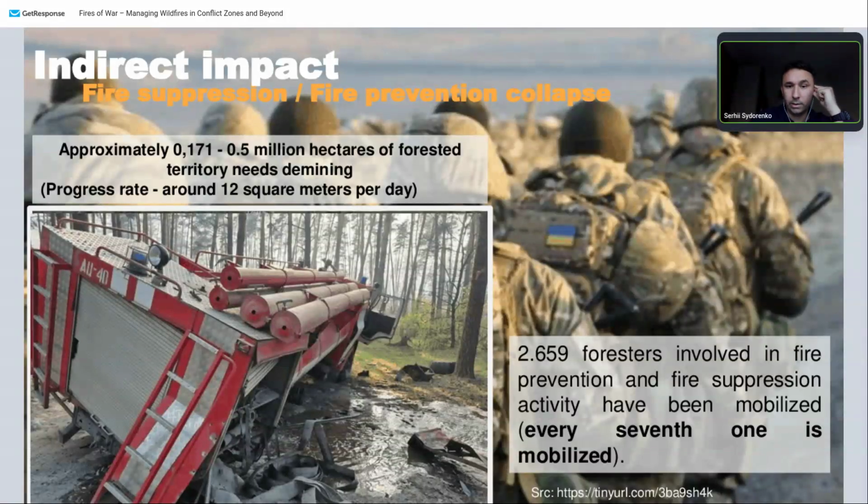So they do forest management, they create fuel breaks, fire lines, etc. And with the beginning of this massive invasion, a lot of foresters joined the army, like every seventh one, and they left some kind of a gap, because we need to prepare the new generation of foresters and firefighters.